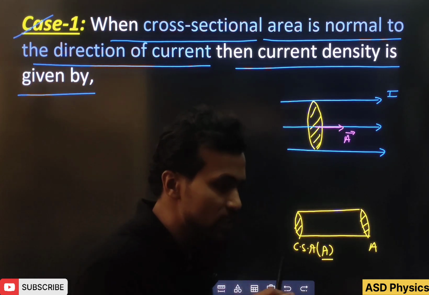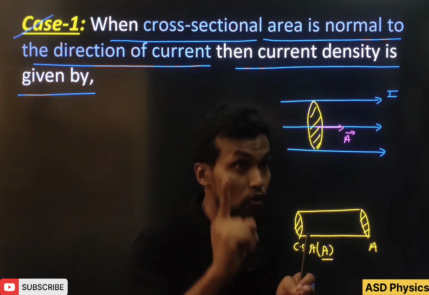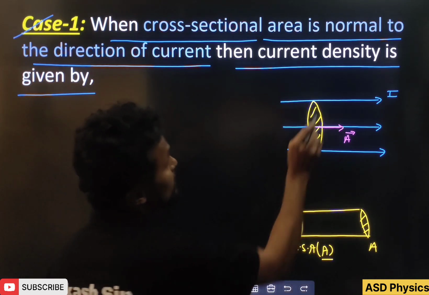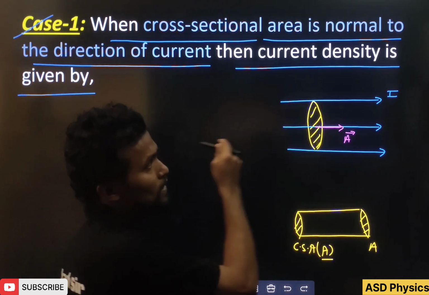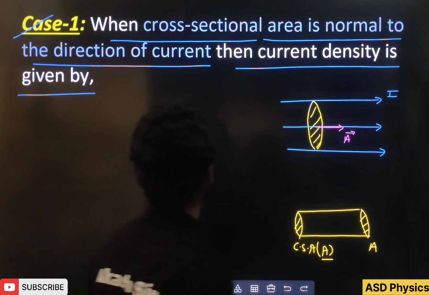Remember that, whether it is the plane of the area or the area vector, be very careful. So the planar area is perpendicular to the direction of the current, or we can say the area vector is along the direction of the current.